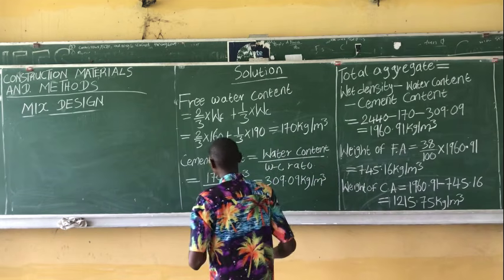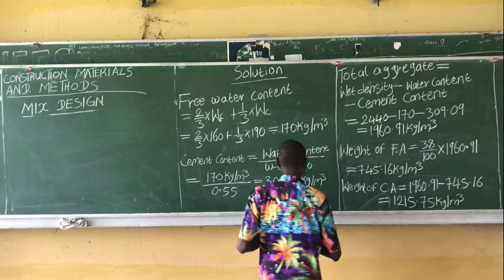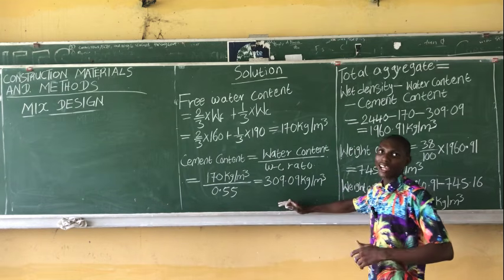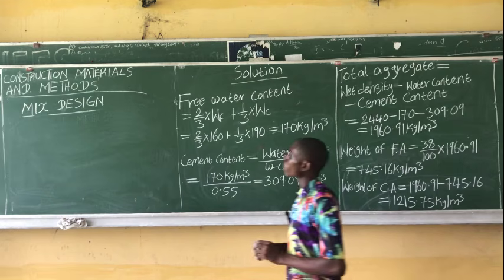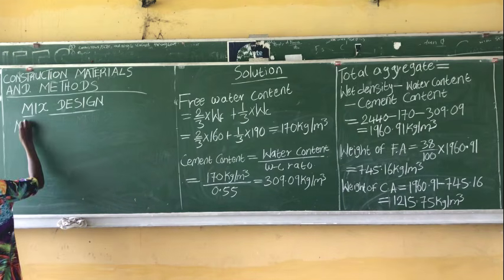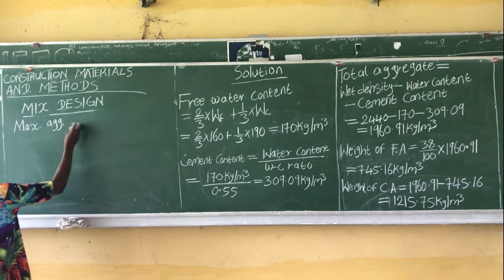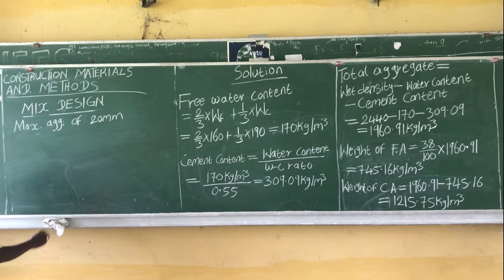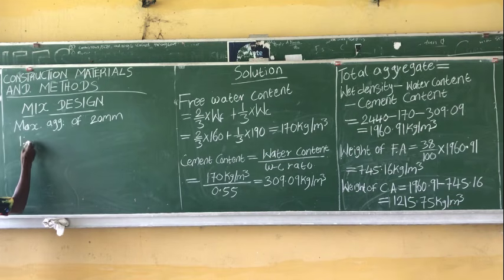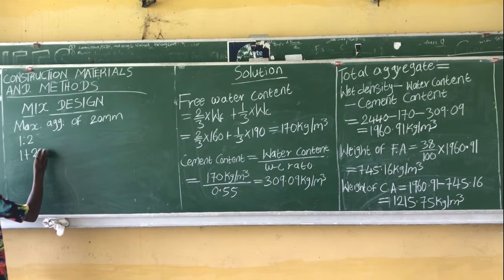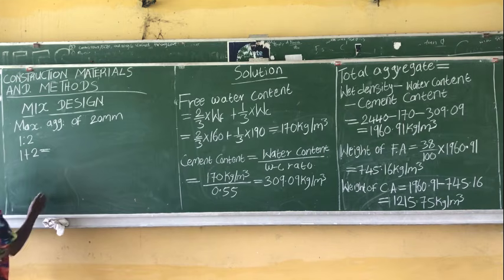Now, in the given question, we were given a maximum aggregate size of 20 millimeters. Whenever we are given a maximum aggregate size of 20 millimeters, we use the ratio of fine aggregate to coarse aggregate to be 1:2. Okay, so we add this ratio, 1 plus 2 is equal to 3.